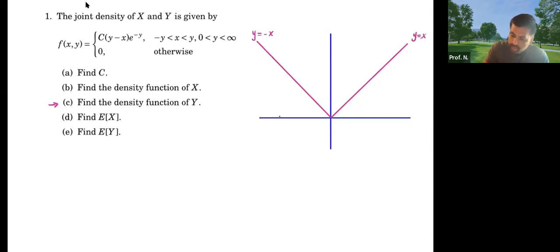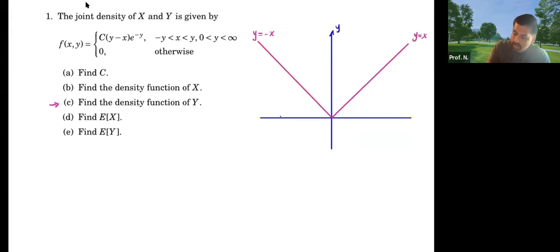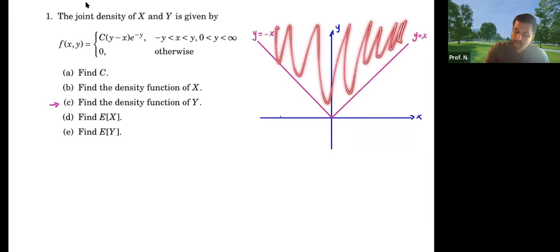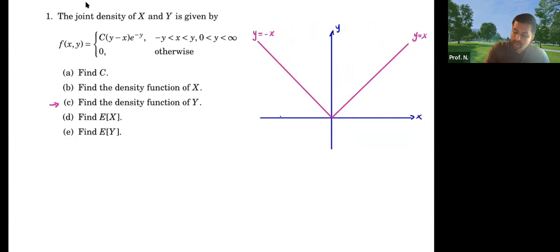And so the region that the joint density function is defined in is within this region here, right? Shade that. This is the region, and this goes on forever because y goes on to infinity.